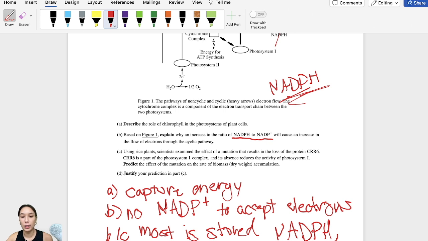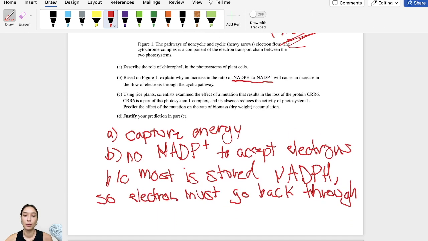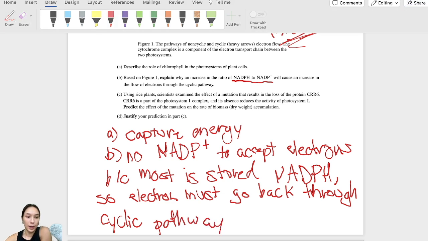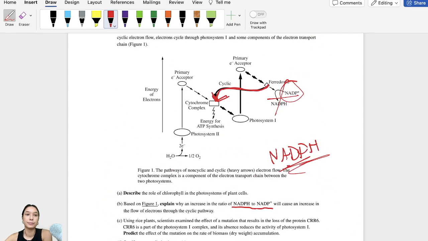So electrons must go back through the cyclic pathway. It just simply can't go forward. Okay, so that's B. I think that should cover it.